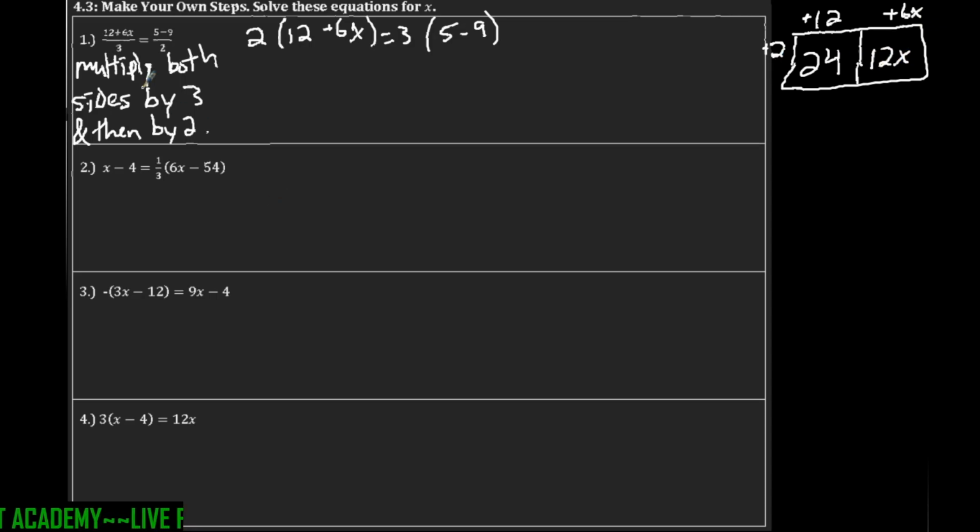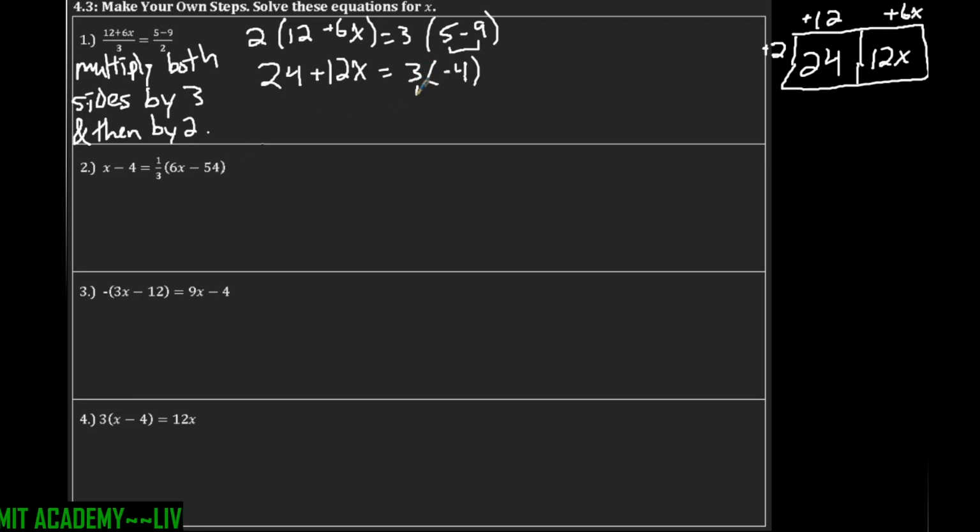Now you can write your terms underneath it. So I have 24 plus 12x equals, and then right here this is going to be negative 4 times 3, and that's going to be negative 12. So I have 24 plus 12x equals negative 12.